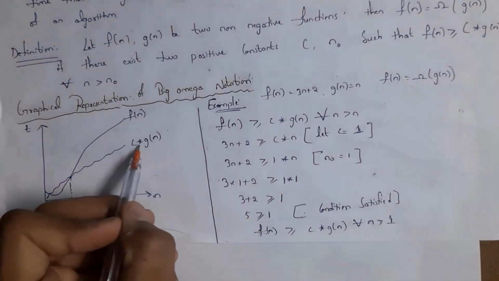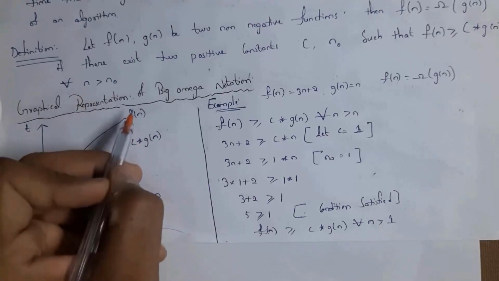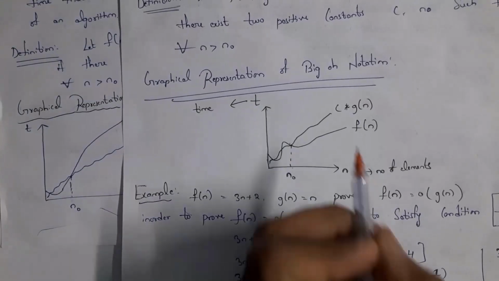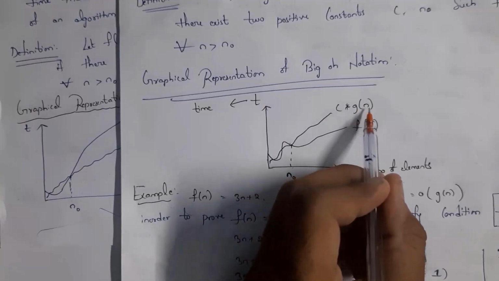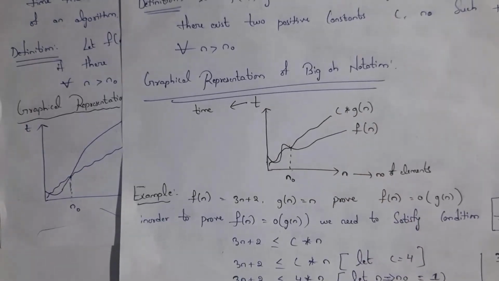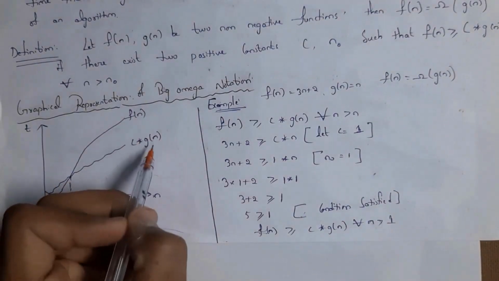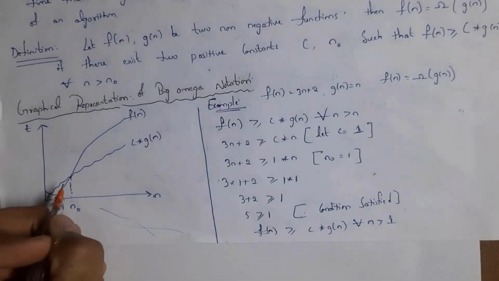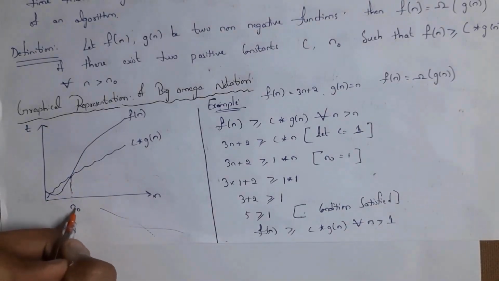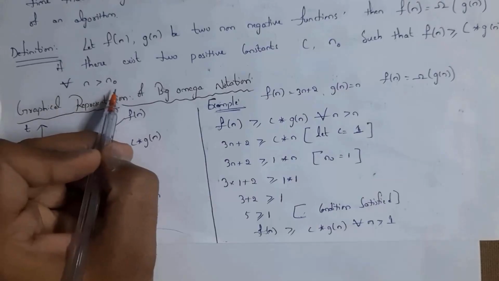So c into g of n is lower than f of n, whereas in big O notation I took c into g of n upward because it represents the upper bound. The point at which these two lines meet is known as n naught, where n is greater than n naught.